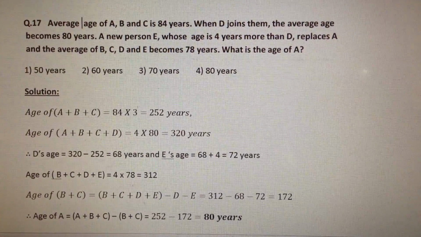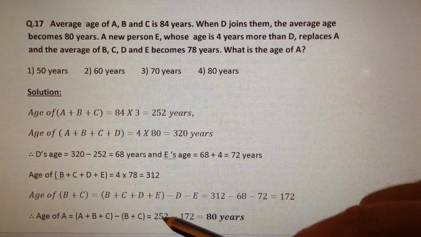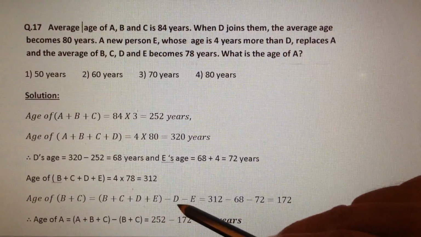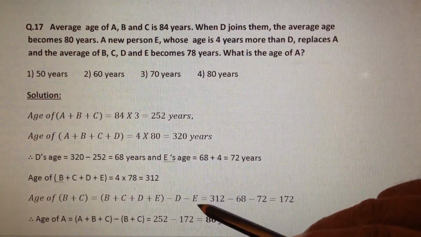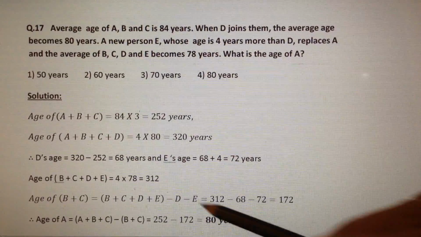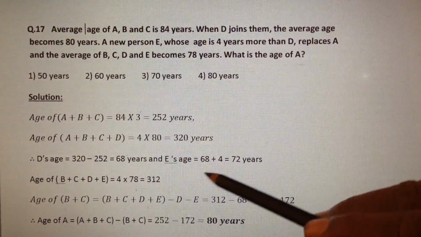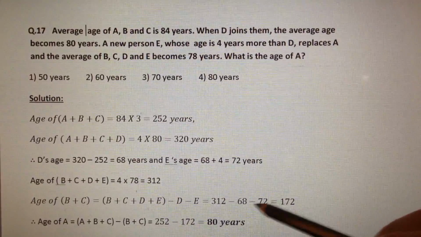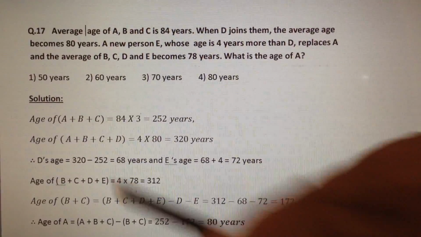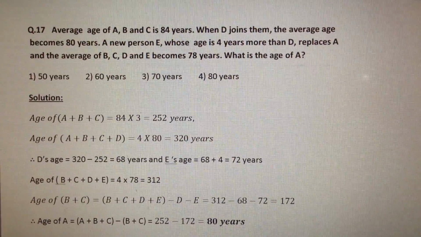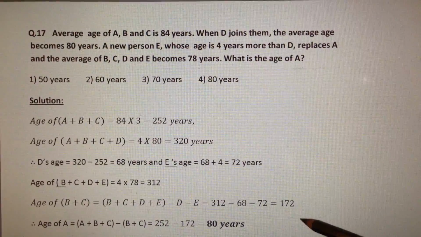Therefore, age of B plus C is equal to B plus C plus D plus E minus D minus E, which is equal to 312 minus 68 minus 72. 68 is the age of D and 72 is the age of E, which is 172.